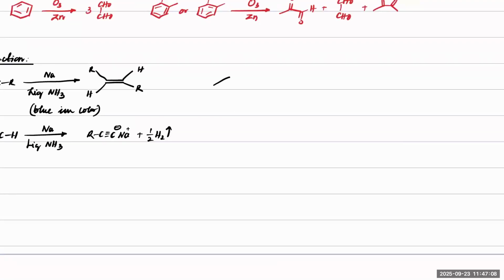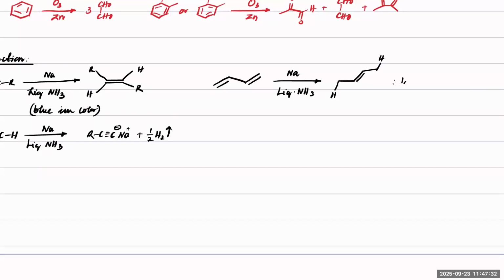But if you have alternate double bonds, then the reaction would take place. Sodium in liquid ammonia will make hydrogen added at two ends here. So one hydrogen will get added here and the other hydrogen getting added here. So this is how the product will form.